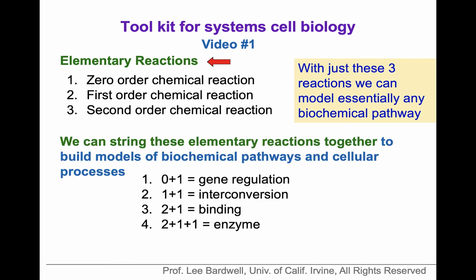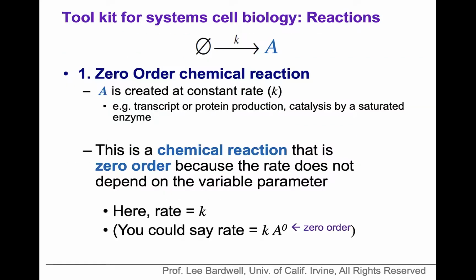And in later videos, I'll show you how you can string these elementary reactions together to build models of biochemical pathways and cellular processes, including simple models of gene regulation or enzymatic catalysis, etc. And indeed, we can make our models more and more complicated by just adding further examples of these 3 elementary reactions. So they really are the place to start.